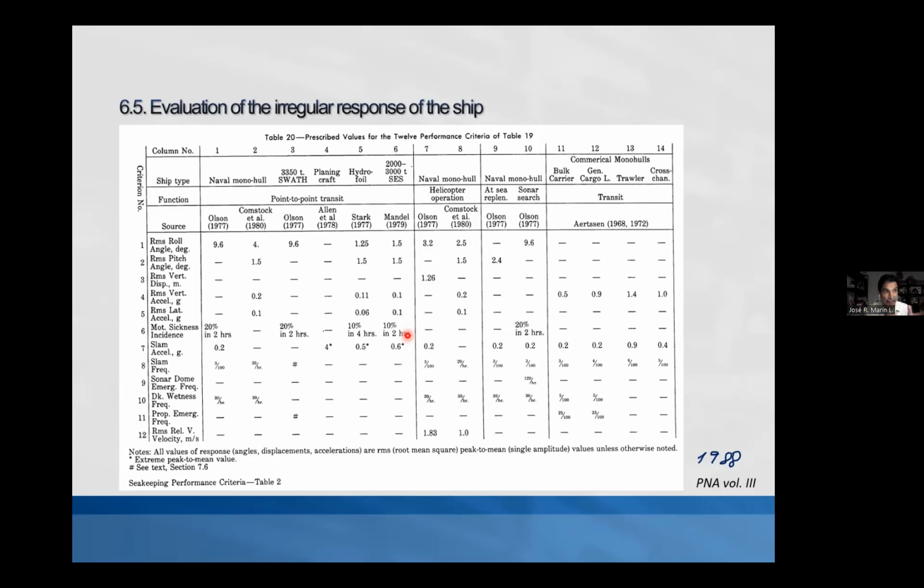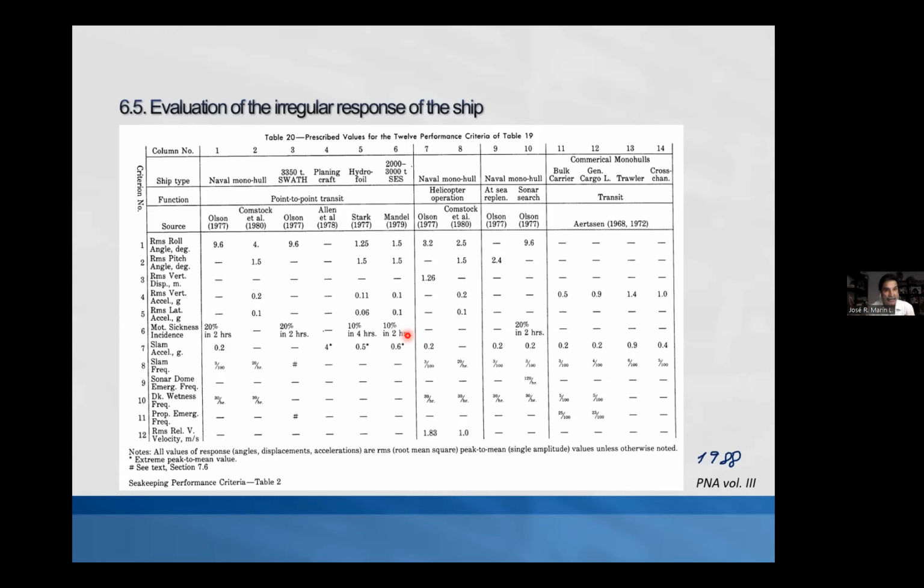I take the ship to the sea and I expect a sea state 4 or 5, whatever, and I have 30, 40 people on board. They start seeing, after 2 hours, how many are vomiting? If that's more than 30%, that means that you have not designed the ship correctly.